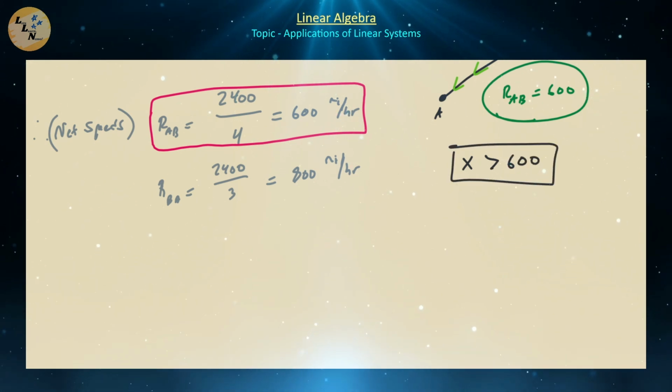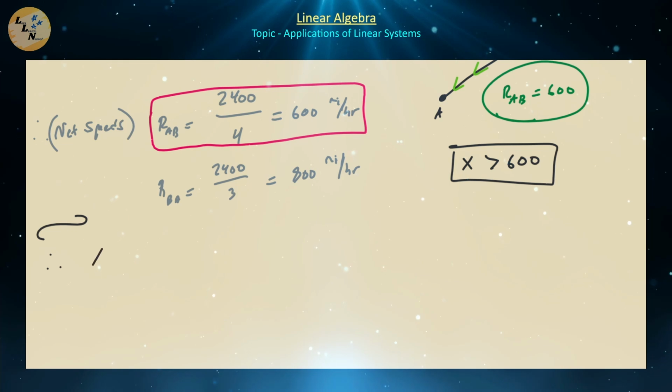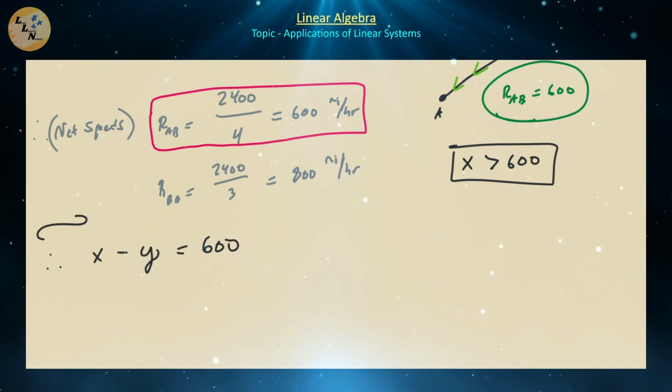The speed of the airplane has to exceed 600. So if x is bigger than 600, there must be some other speed y such that x minus y must be equal to 600. And that speed is, of course, going to be the wind speed.